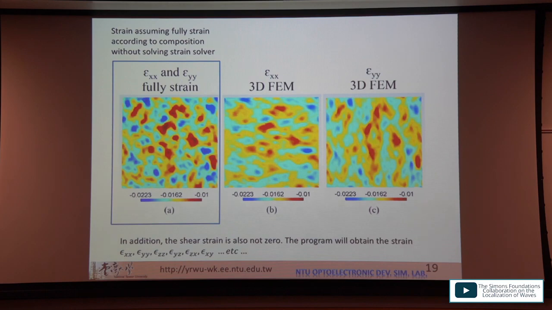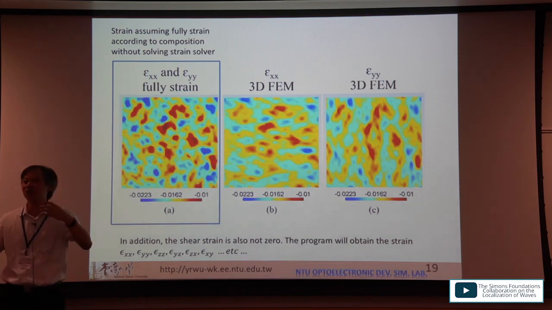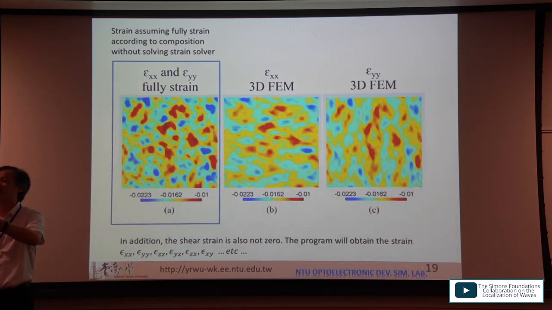You have epsilon XX and epsilon YY both on the left, and you separate them, so two matrix elements. Oh, this is strain in the x direction. Right, I know, but the leftmost box. Oh yeah, because this just assumes the composition, so the lateral strain is the same. Oh, they're equal. It's not calculated. It's just how much composition, then referred to the buffer. So it's not a calculated result. It's just a very simple assumption. Okay.